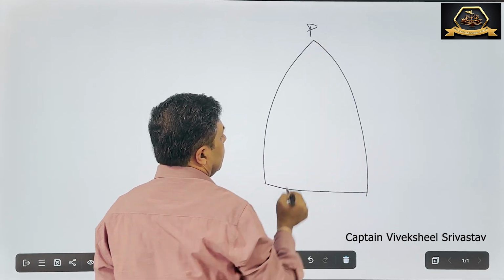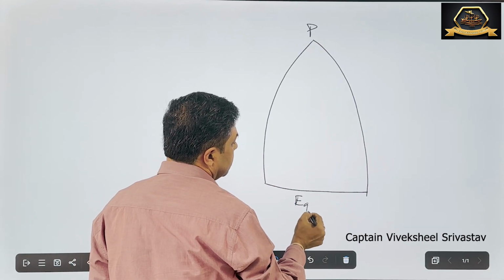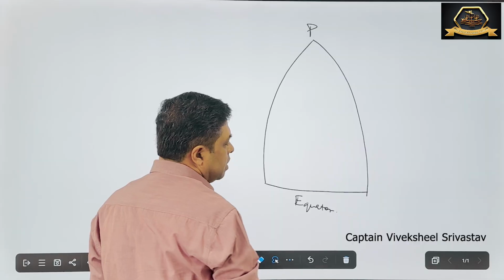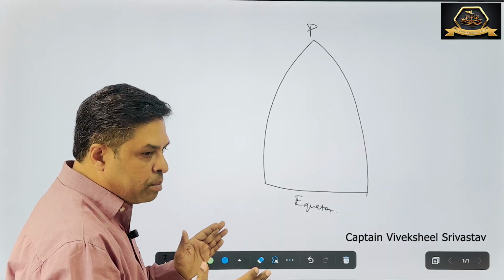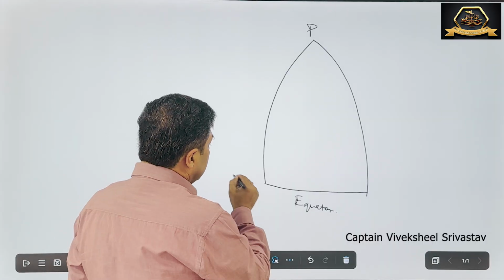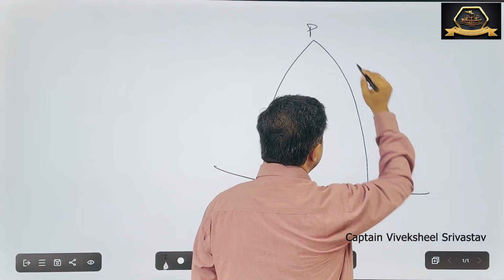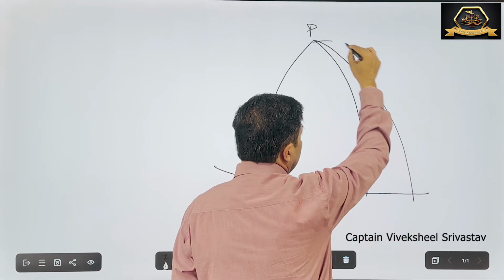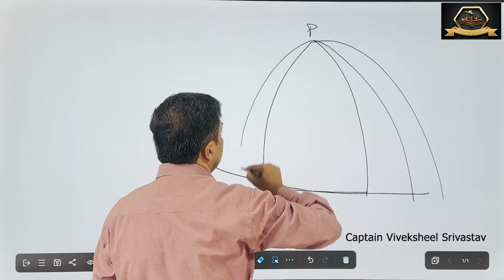This is the pole and this is the equator. Now the meridians converge towards the pole. So all around the equator, all the meridians will go and converge at the pole, right?